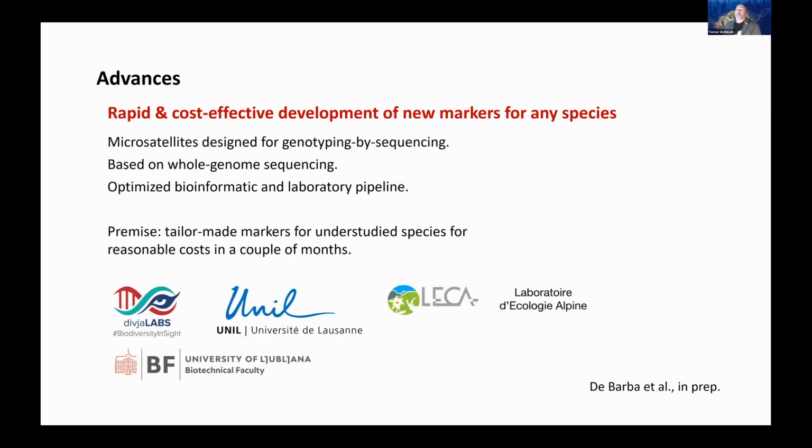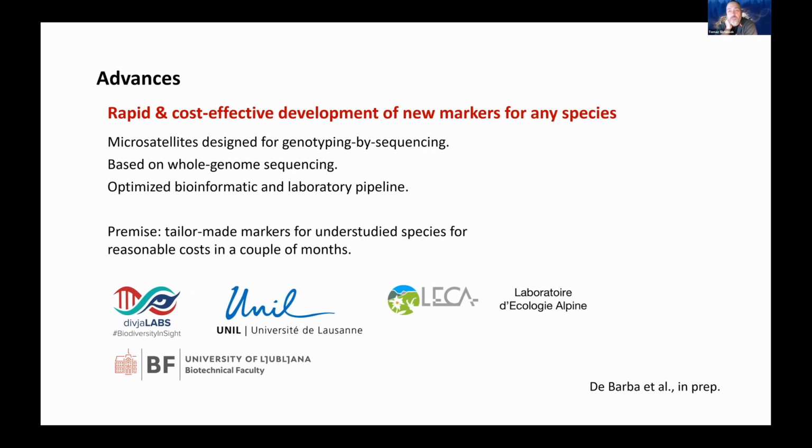One of the advances I think is important also is that now we're able, with a combination of genomics and bioinformatics, to rapidly and cost-effectively develop new markers for basically any species, which is something that matters because not all species are as well studied as wolves or bears.